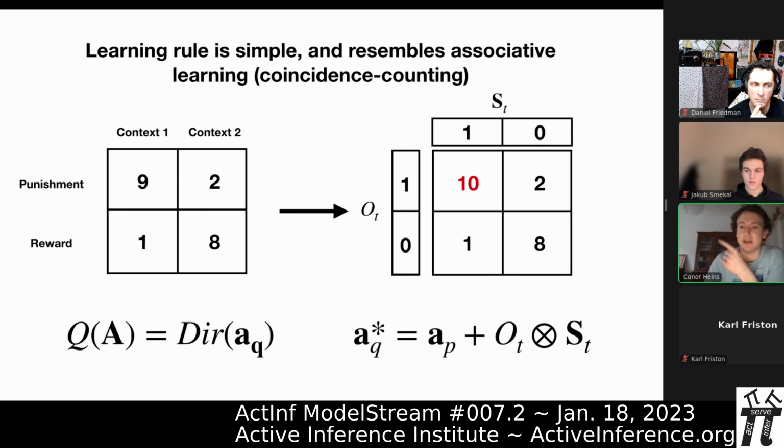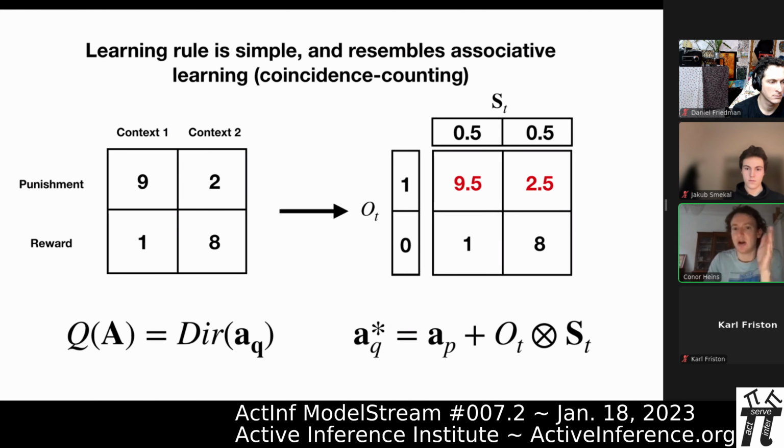Technically, you're incrementing a Dirichlet conjugate prior over your A matrix, but it's really a variational Dirichlet posterior. But you can imagine if your hidden states are also contaminated with uncertainty, so say you were 50-50 whether it was context 1 or context 2, then similarly with this A matrix update, the update would be spread over the 2 possible contingencies.